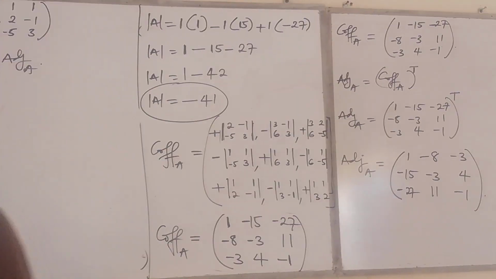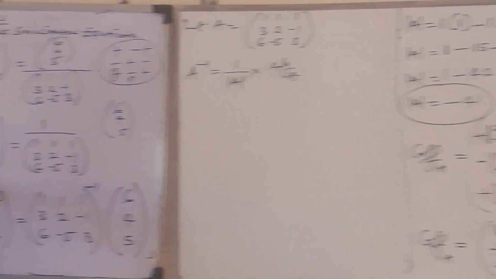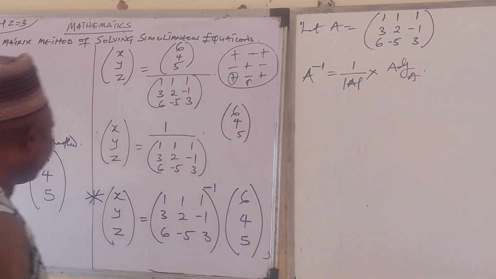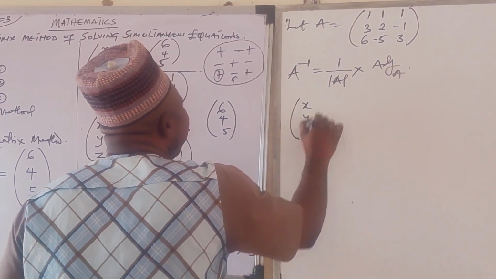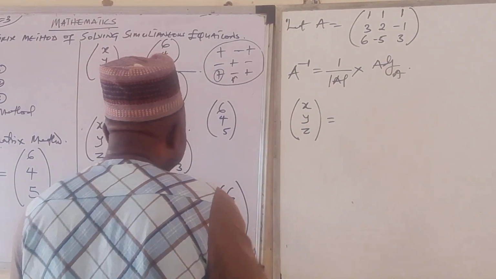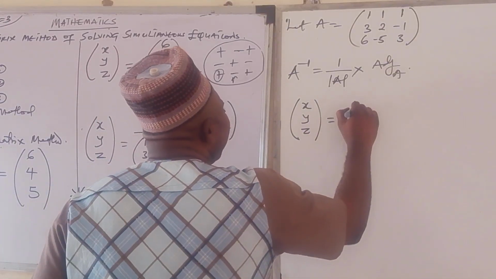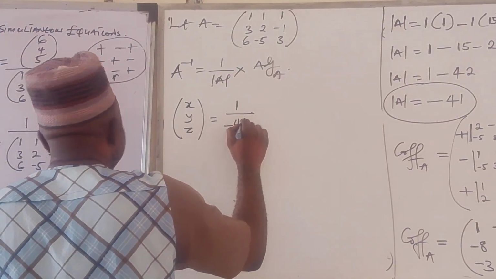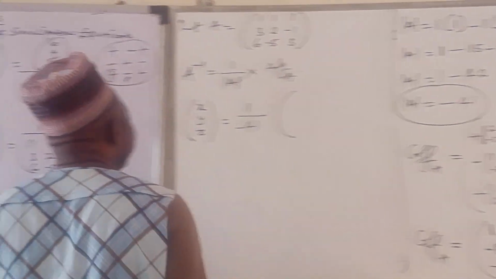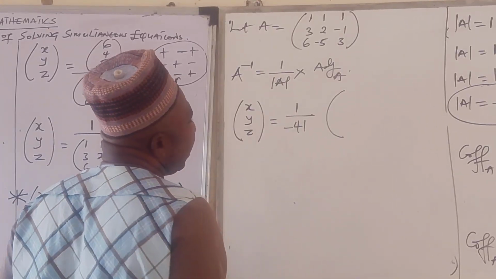So the value of our x, y, and z will be equal to the inverse, which is 1 all over the determinant minus 41, times the adjoint of the matrix.